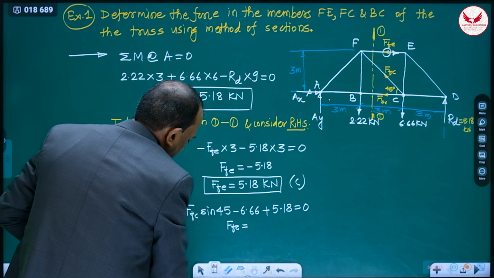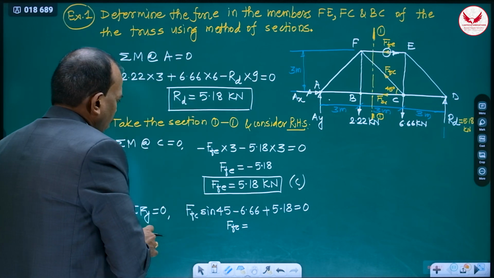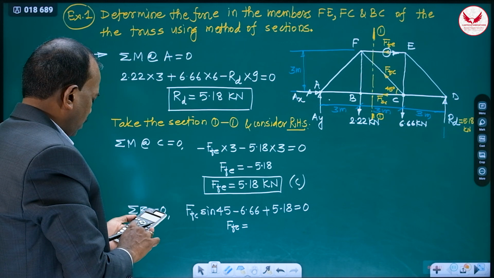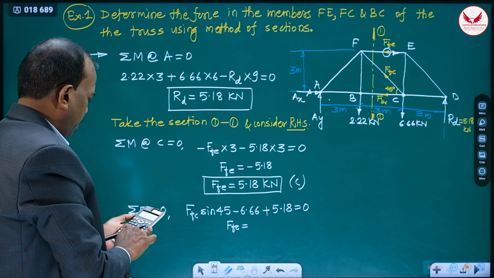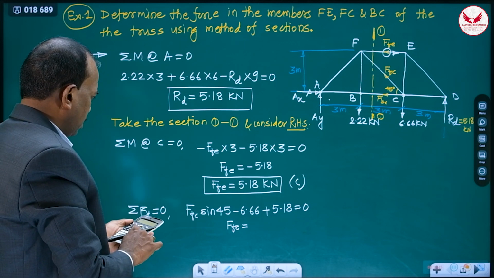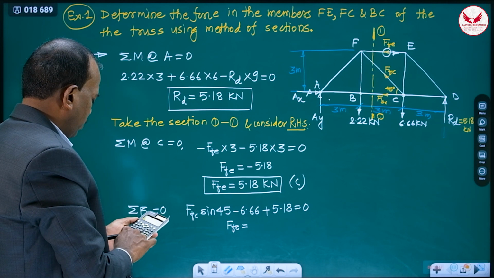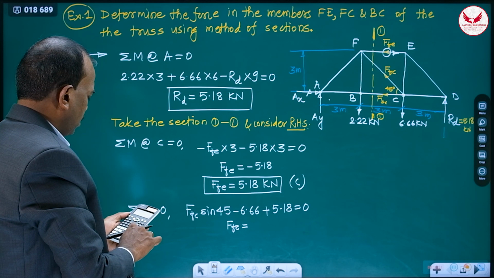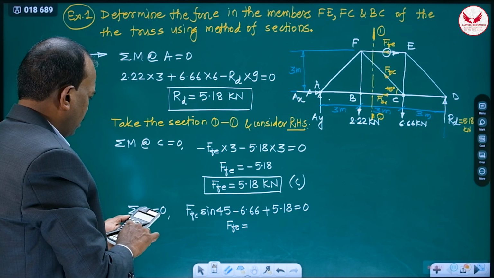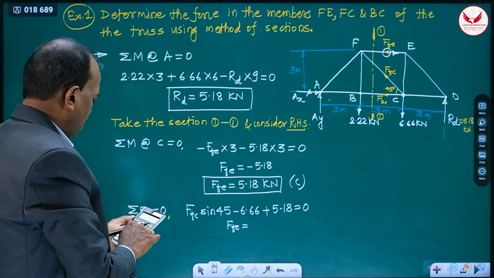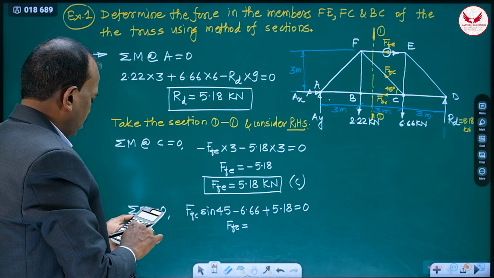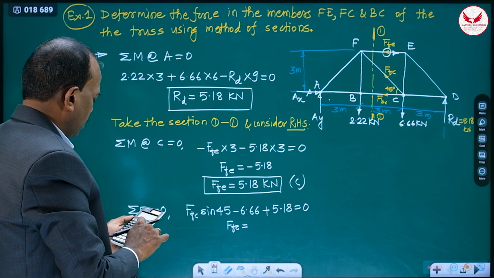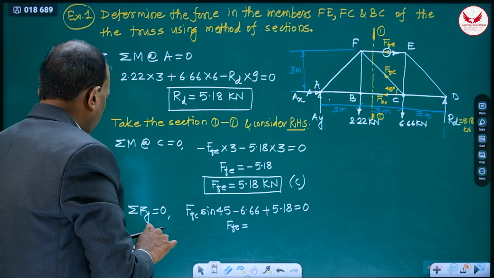How we'll get it? (6.66 minus 5.18) divided by sin 45, that is 2.09.